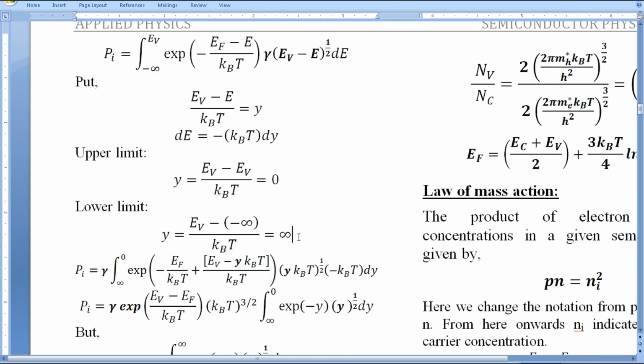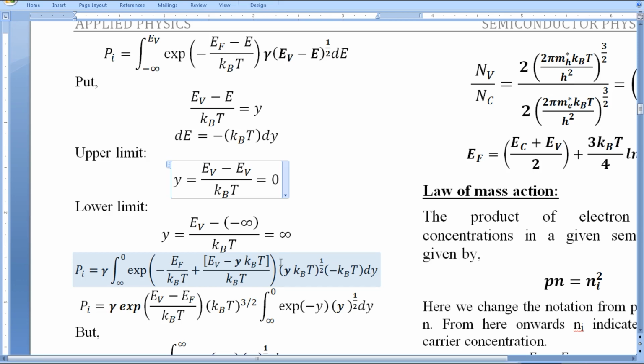So the lower limit is infinity, the upper limit is 0. And if you substitute this here, this is infinity to 0 with gamma e power something, y kBT whole power 1 by 2, minus kBT dy. This we have already mentioned in the previous step. We have just substituted here, nothing great. In place of dE, we got minus.